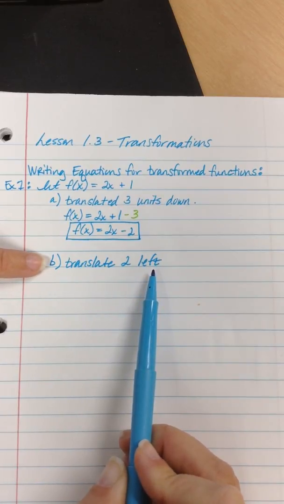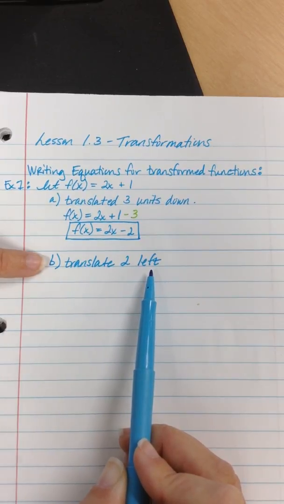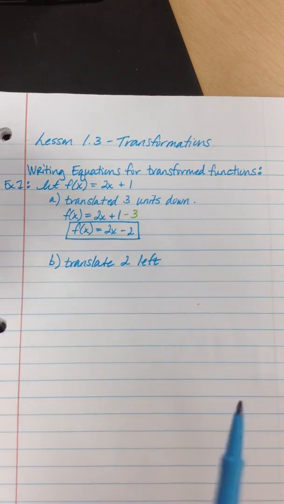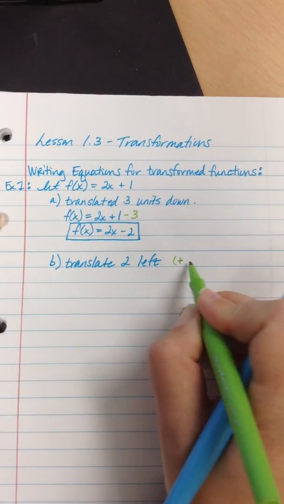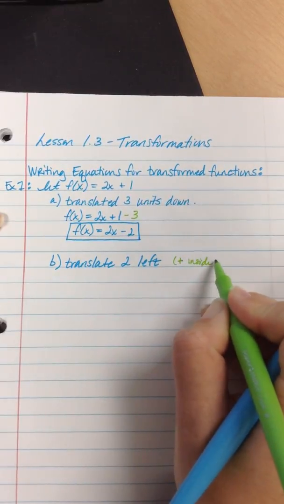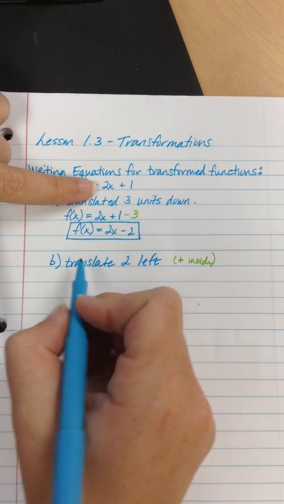So remember that when we're going left and right, we are either adding or subtracting on the inside. The inside specifically with x. Now when we're going left, don't forget, left is actually adding inside. But again, there's no inside, so we will have to make one.